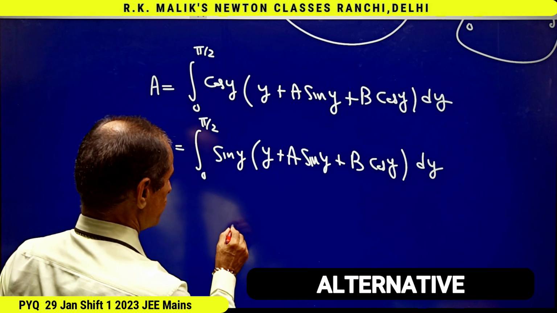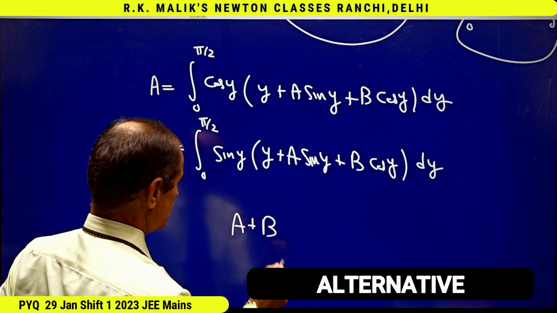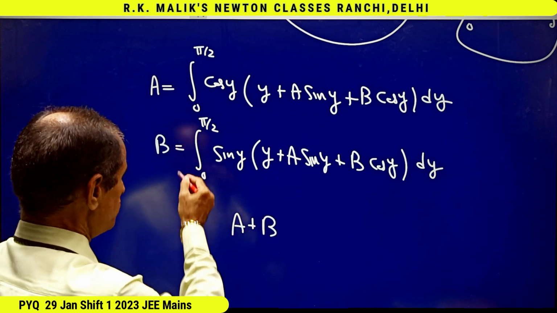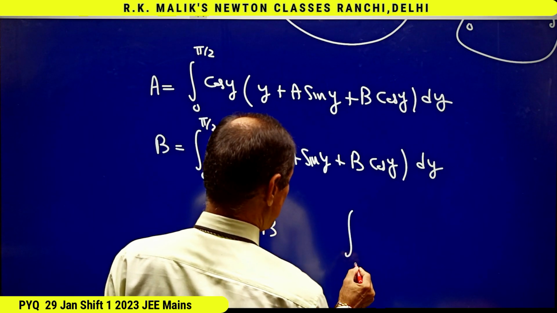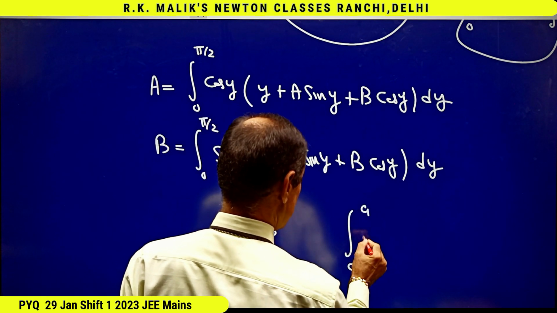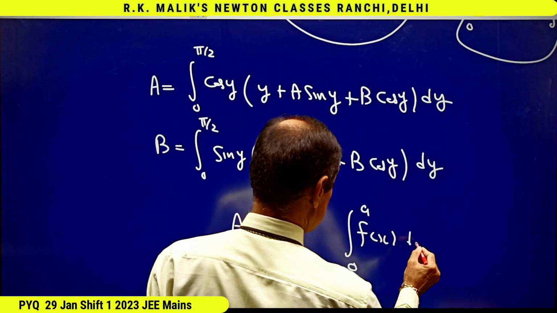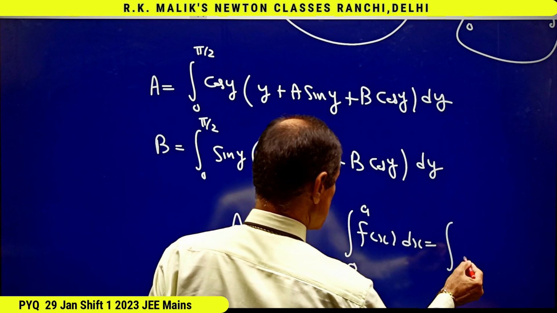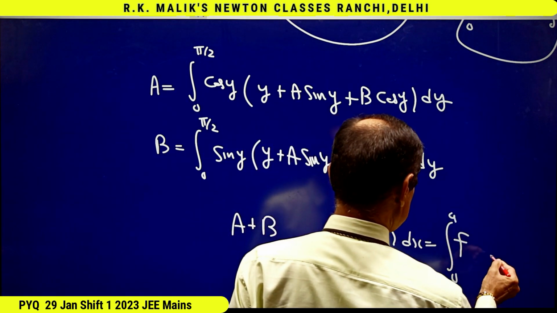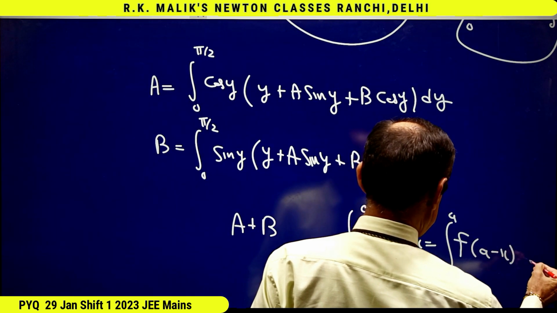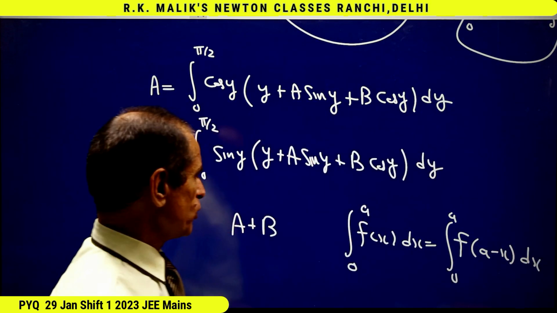The alternative way of getting the value of a plus b is in b, use the formula of integral 0 to a f(x) dx is equal to integral 0 to a f(a minus x) dx. You must be knowing this formula.